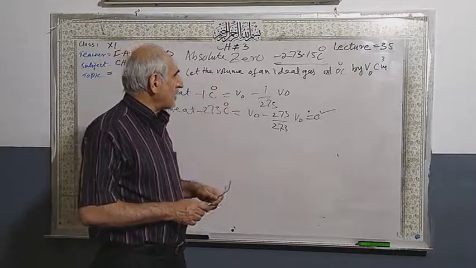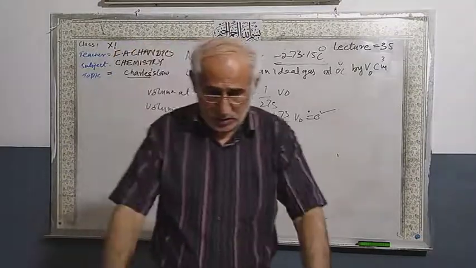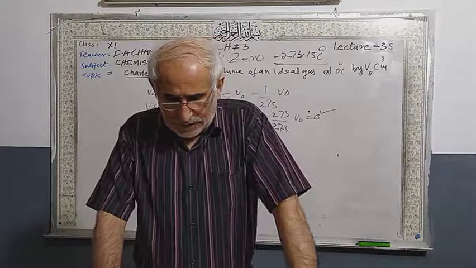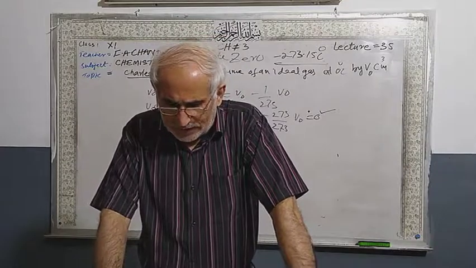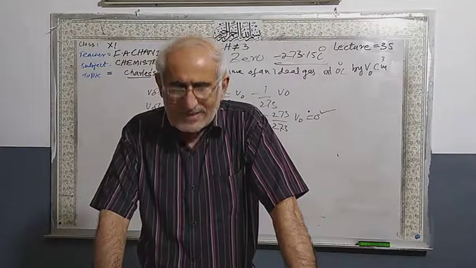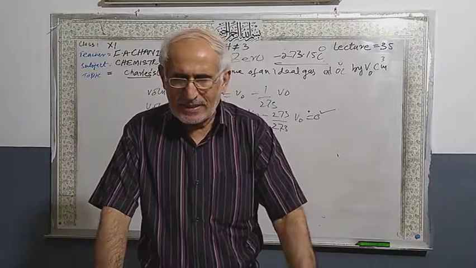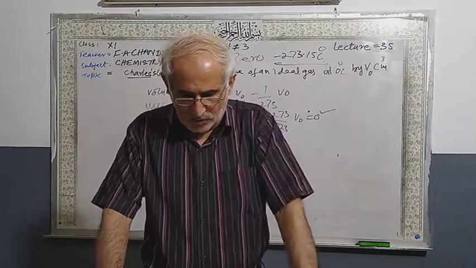Before reaching this temperature, all the gases liquefy or solidify. So the temperature at which the volume of the gas reduces to 0 is called absolute temperature. 0 means there are no more gases.